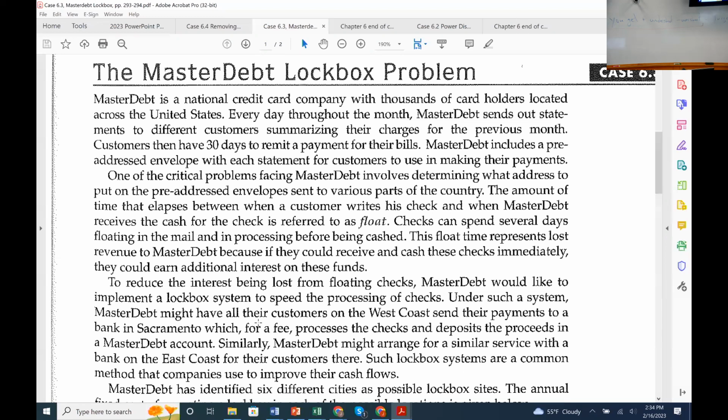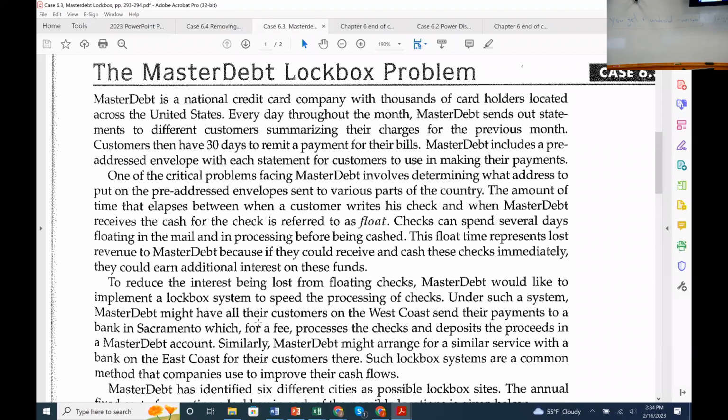It's bad news for them if a customer in Maine mails the check to San Diego, because then the Postal Service has that check for a week and nobody's gaining interest on that float or that money that's in the mail. And lockboxes are a way of reducing that so that the customer can mail the check to a lockbox that's relatively nearby. And so those are basically the two considerations.